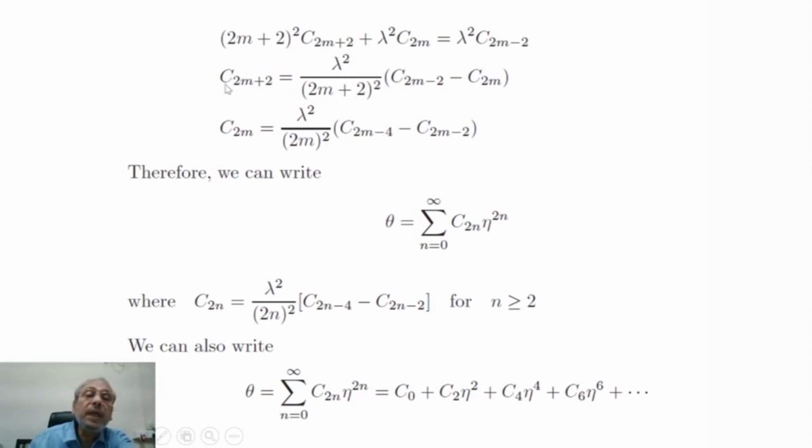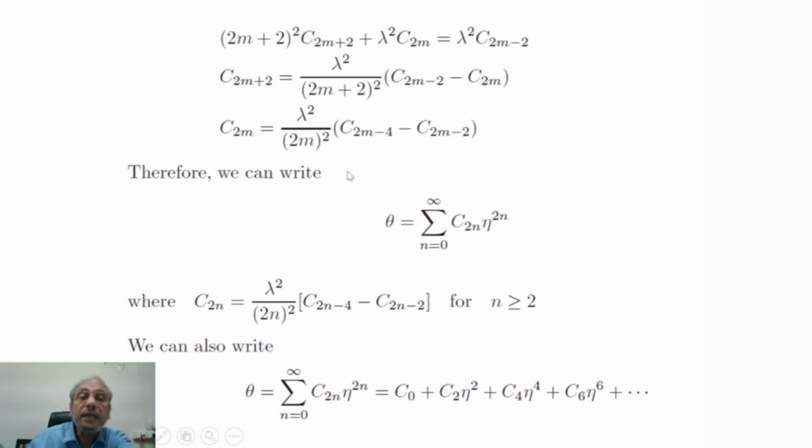So from here we get C twice m plus 2 equal to lambda square divided by twice m plus 2 square into C twice m minus 2 minus C twice m.